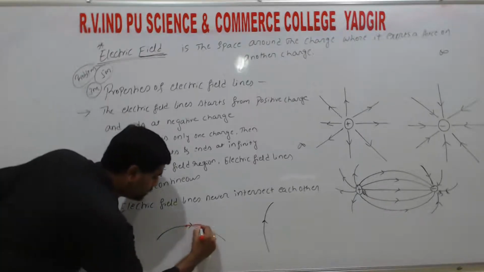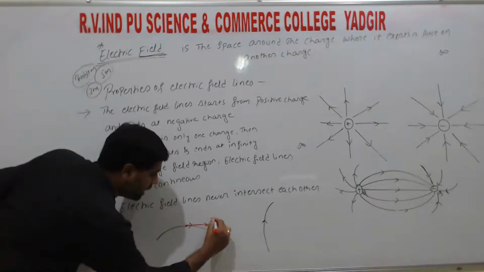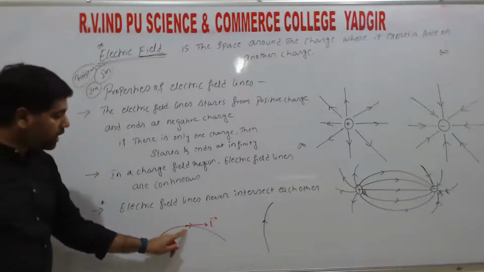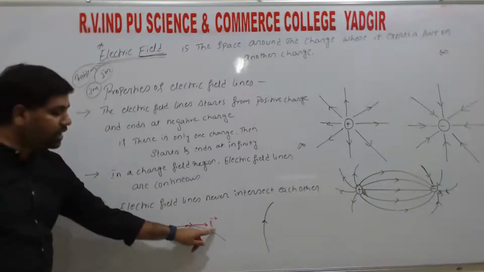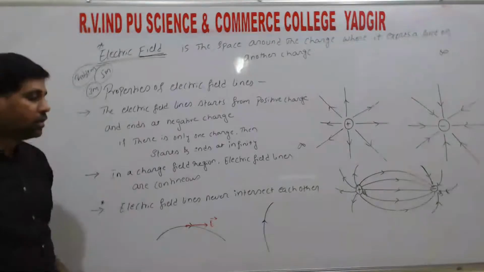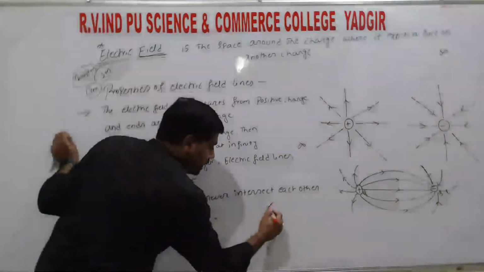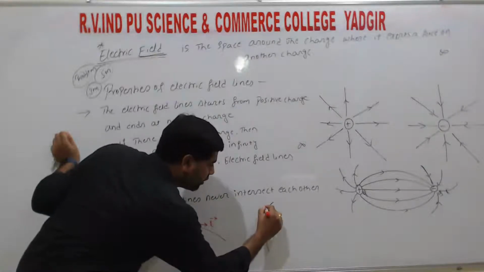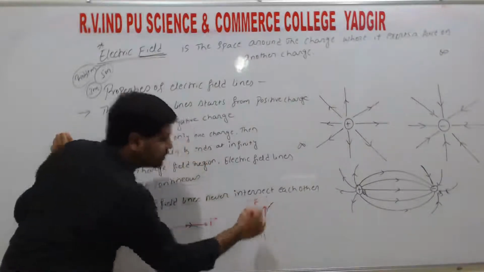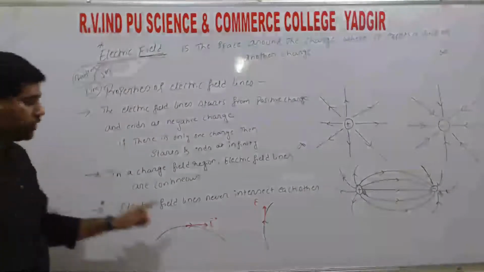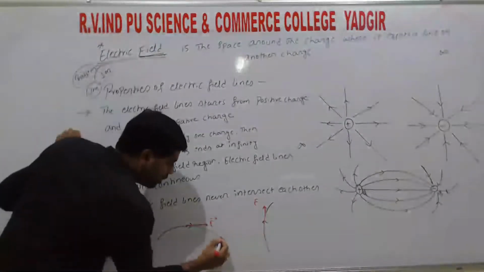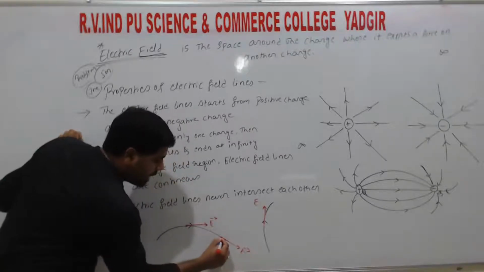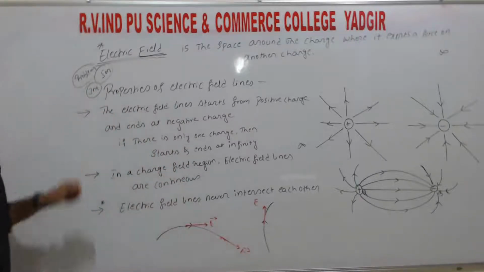This tangent gives the direction of the electric field E. In a similar way, somewhere here, I will find the electric field direction. Anywhere I draw the tangent, it gives the electric field direction at that point.